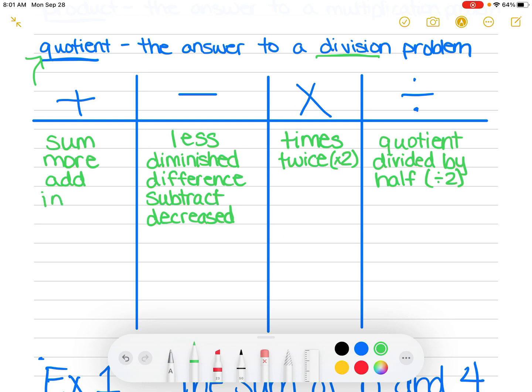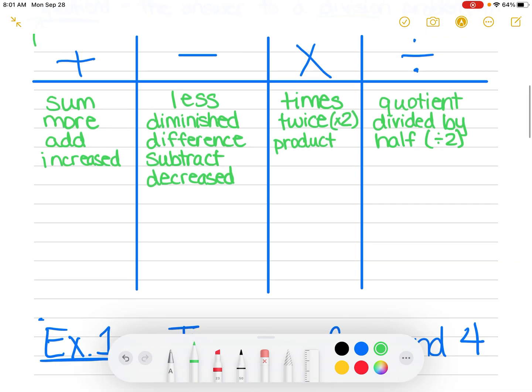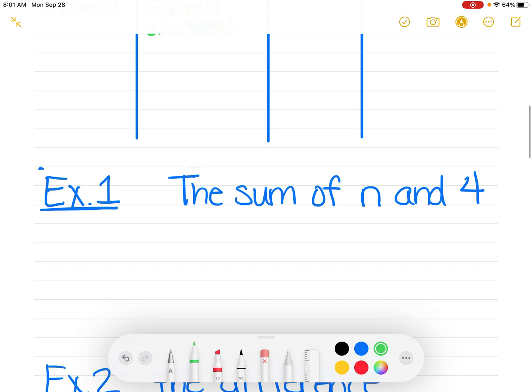Increased would be over here. And then we have product, which goes right here. Okay, those are some of the words that your book has written down. We may have a few more, and I may even come back to this and add a few more. So keep that handy. I even made it a little bit longer in case we added some more words to it. Okay, so let's go on with what we're going to do today.